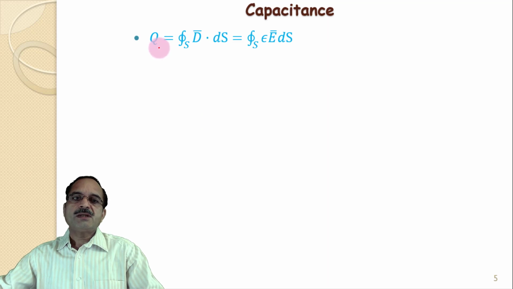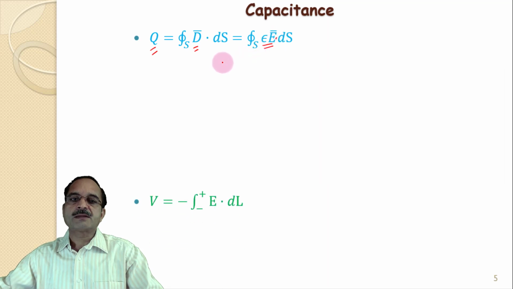Now this equation gives us the relationship between Q and D, that is the charge on the capacitor and the electric flux density D. Now this D we can also write in terms of E as epsilon E dot ds.